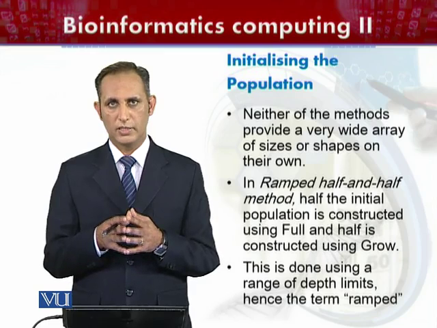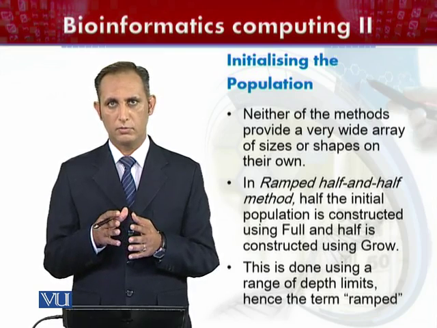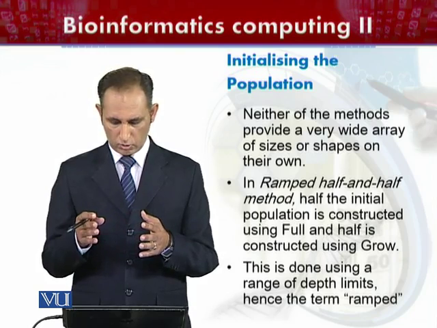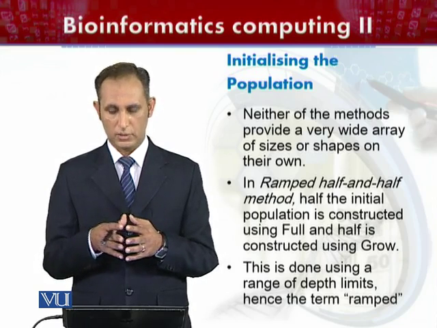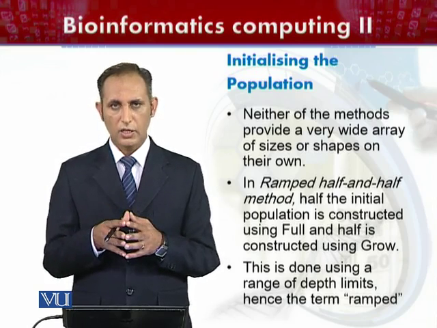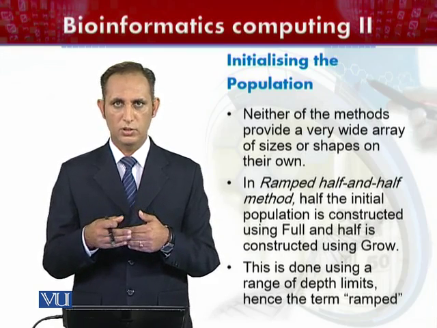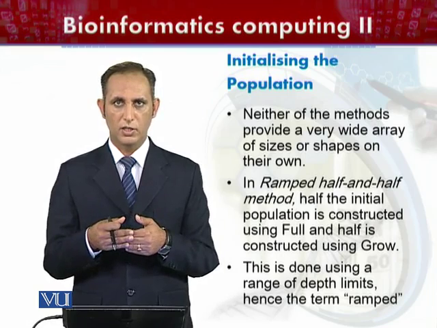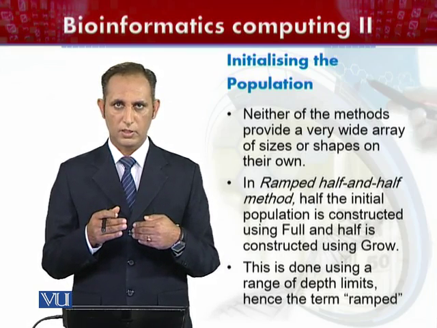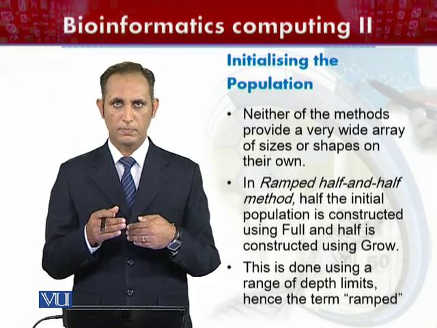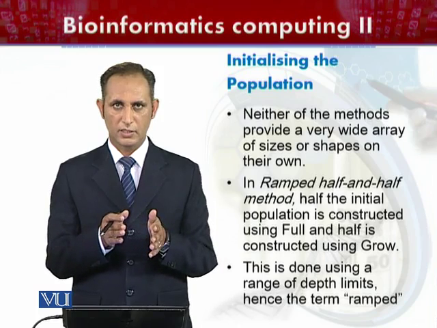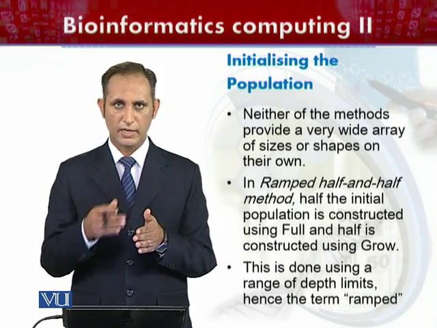This is called the ramped half and half method. It's called ramped because it uses a range of depth limits. Different depth limits are used in the ramped half and half method, so because of the usage of a range of depth limits, it has been given the name ramped.